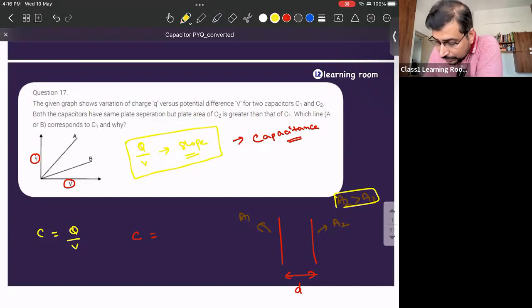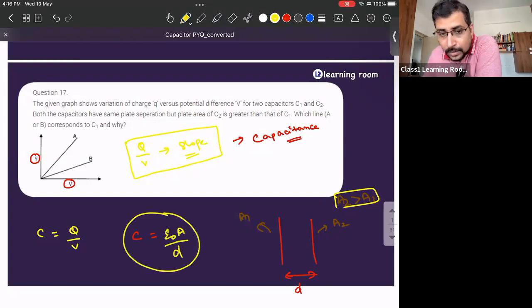C is equal to epsilon naught A divided by D. So greater is the area, greater is going to be the capacitance. So among the graph A and B that is given to us, which one has a greater slope? Greater slope is greater angle. A. So answer should be A.